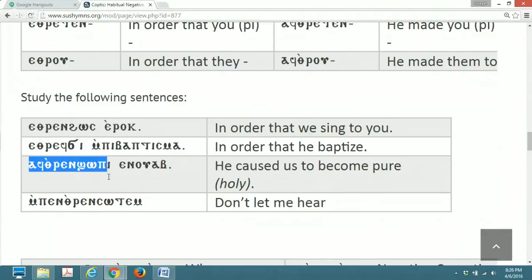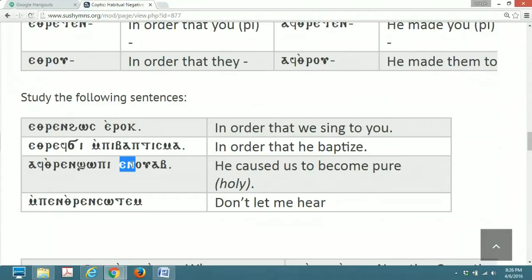We know of ethrin shopi in Owed, that's from the liturgy. Of ethrin shopi, he caused us. Shopi means to be or become or to exist or just to occur. So he caused us to become, and this is the present continuous, which I think we've alluded to a couple times.